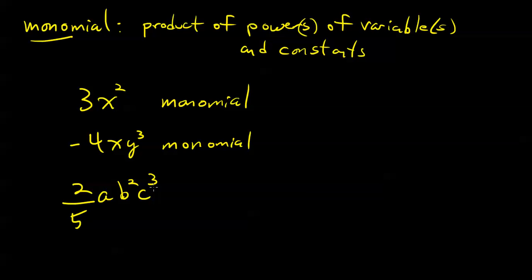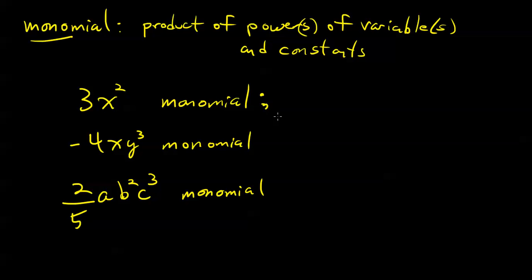If I write 2/5 ab squared c cubed, that is also a monomial, because it is a product of powers of variables and constants.